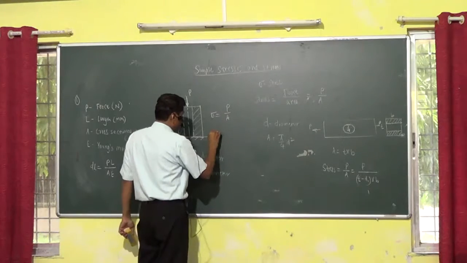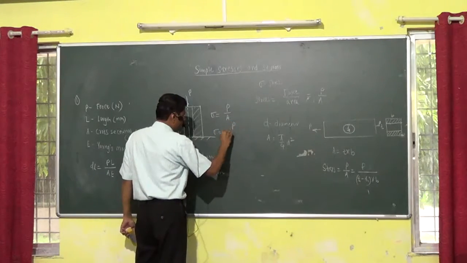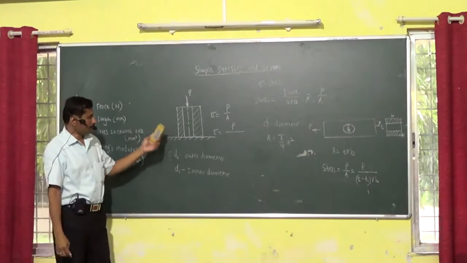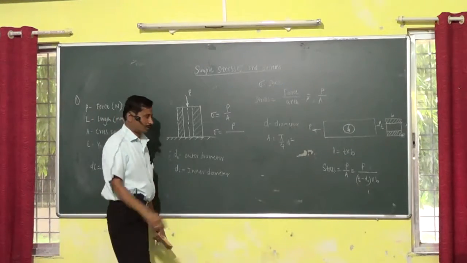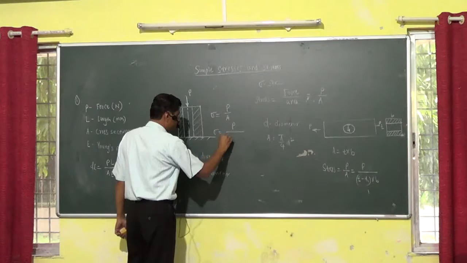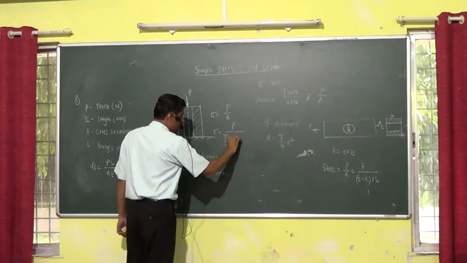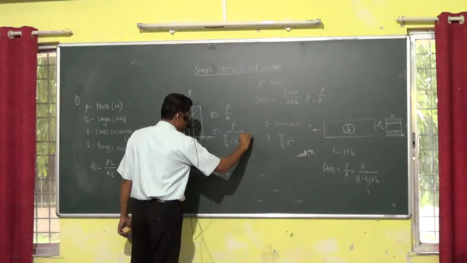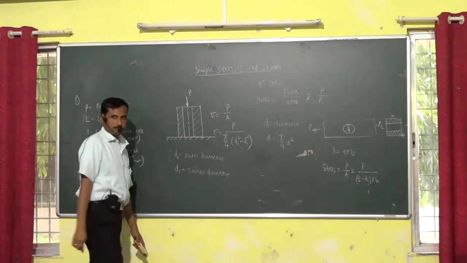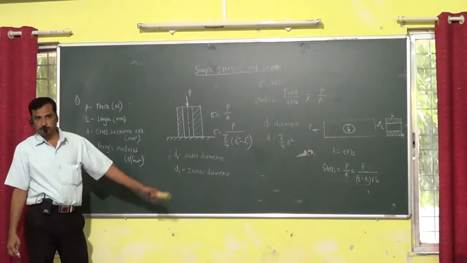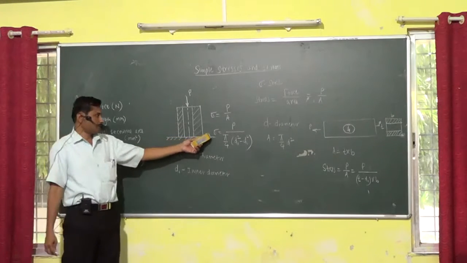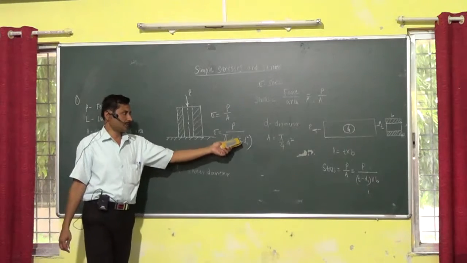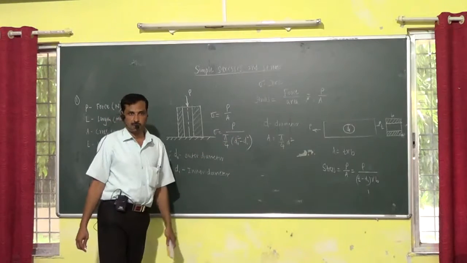So sigma is equal to this force P, which is compressive in nature, upon the cross-sectional area, which is now pi by 4 times outer diameter DO squared minus inner diameter DI squared. So stress sigma in that case will be P upon pi by 4 into DO squared minus DI squared.